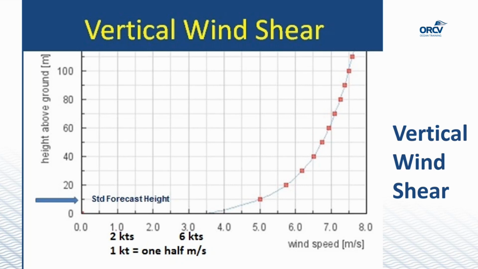The standard forecast height is at 10 metres. So through the coming bits, remember that the forecast and what you're experiencing standing in the boat could be two different things, in what's actually felt on your face as distinct from your instruments.